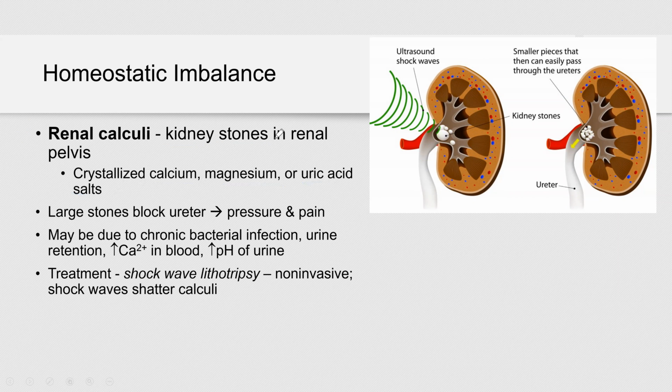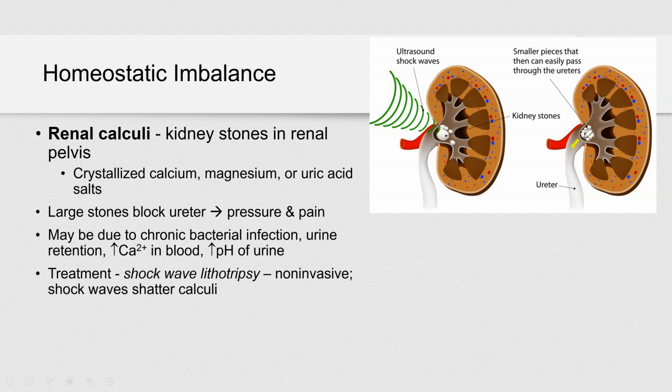Those kidney stones, or calculi, if they grow large, can block the flow of urine. So you can see over here, we have kidney stones inside the pelvis, right? That's the pelvis, and this is a ureter. So they block the flow of urine.